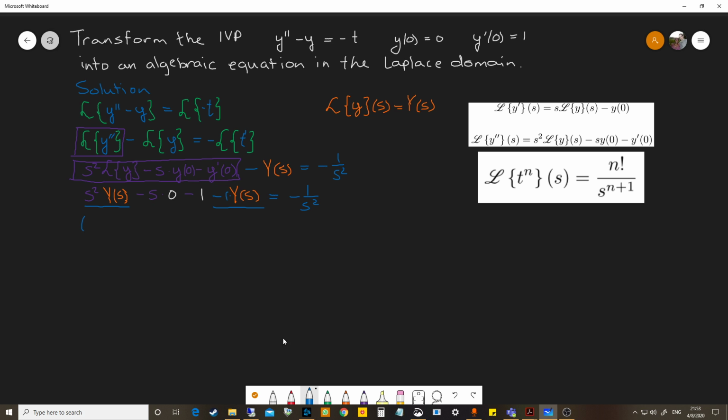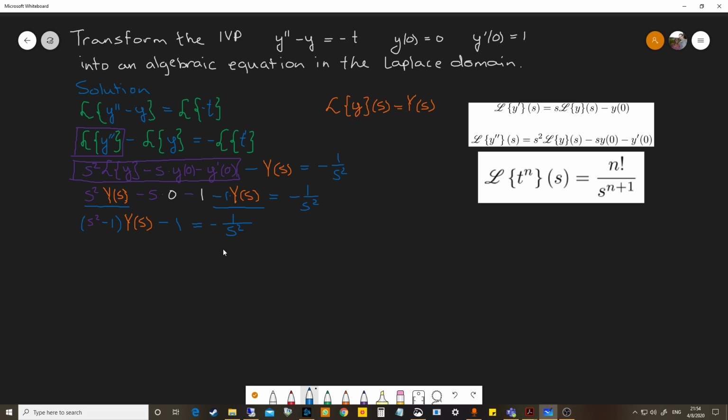So combining those two terms, we get s squared minus 1 times Y of s. This, of course, is 0. And then the minus 1 here, and the right-hand side is negative 1 over s squared.